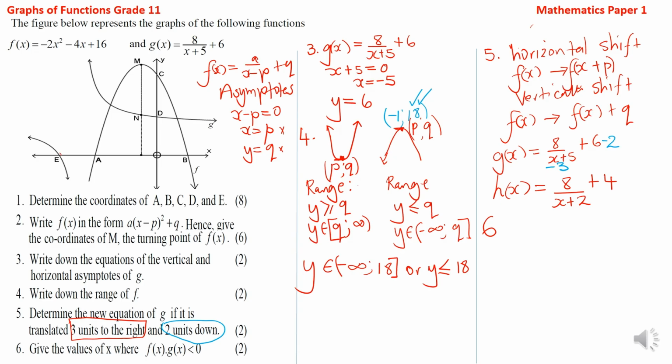Now, at the x-intercepts, f of x is always equal to 0. When the graph crosses the x-axis upwards, the graph is positive.